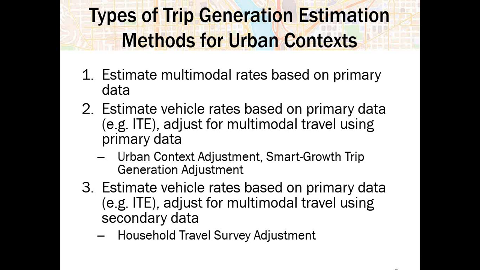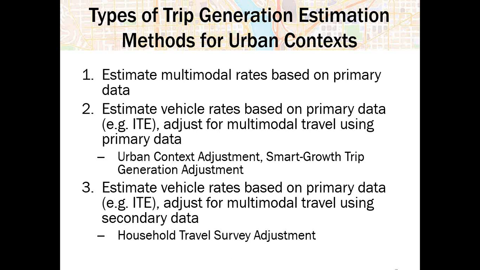A third type of method to estimate trip generation for urban context would be using secondary data. This is available for land uses where we do not have primary data robust enough to give us these estimates. So we rely on secondary data, which is sampled throughout the region. In this type of method, you first estimate vehicle rates based on primary data.